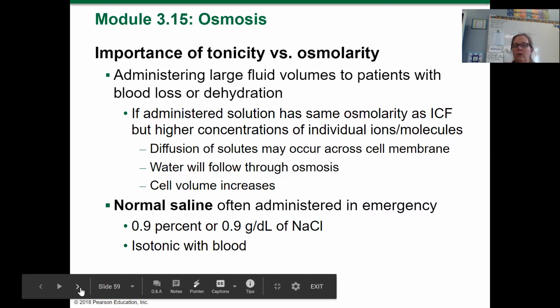Going too high in solute would cause the cells to crenate, and having too low would cause the cells to hemolyze, excuse me. So normal saline is 0.9% NaCl. That's what our cells are normally isotonic with.